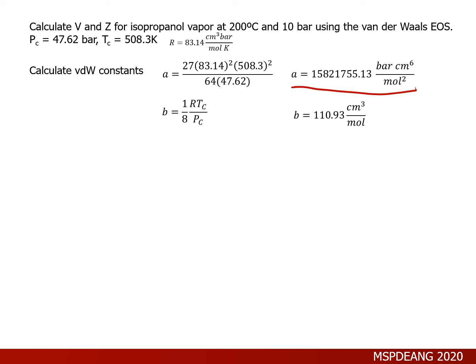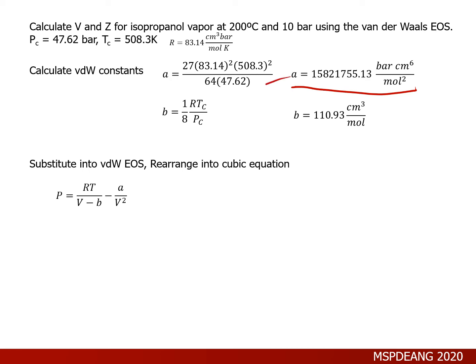Now, let's substitute this into the van der Waals EOS, okay, and rearrange into a cubic equation. Okay, so ito yung one way to solve by rearranging cubic equation of state siya, so we can arrange this into a cubic equation. Okay, so substituting the van der Waals EOS and rearranging. Okay, so ilagay natin to dito.